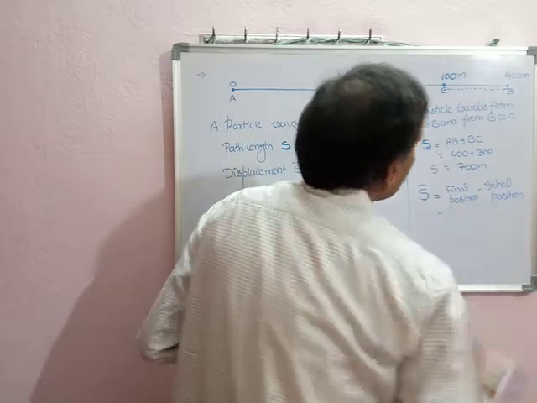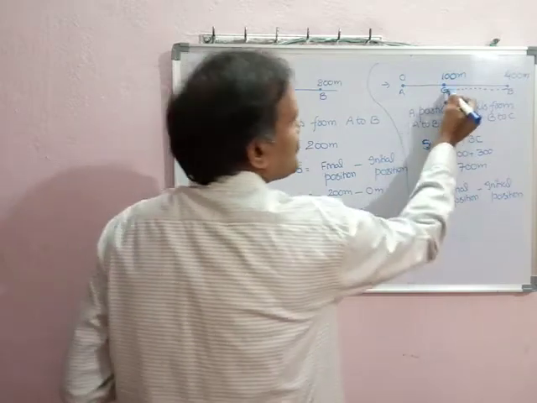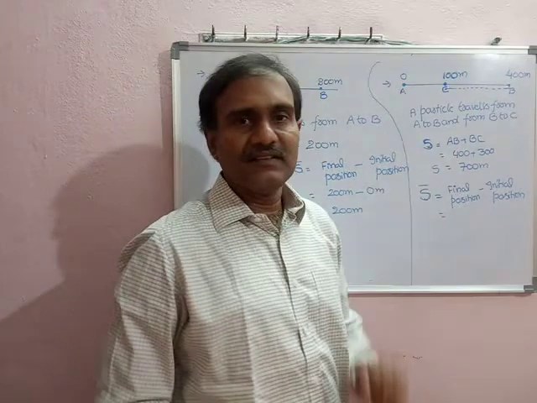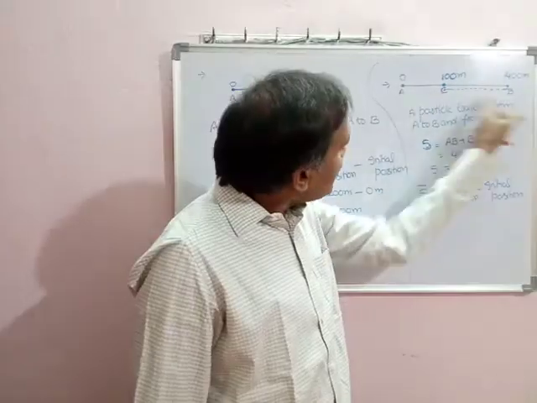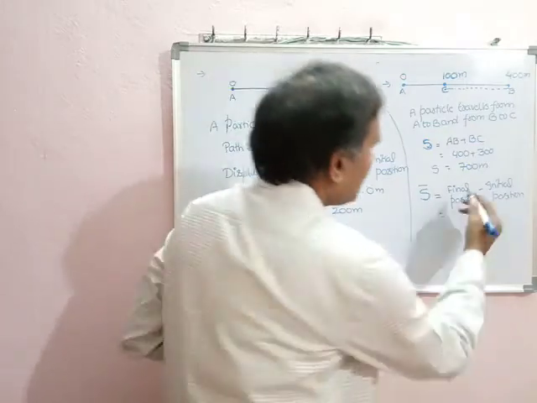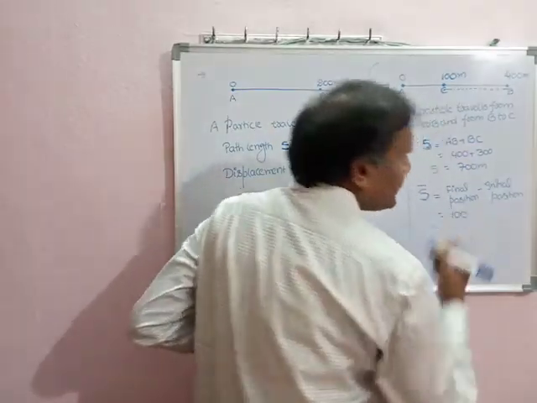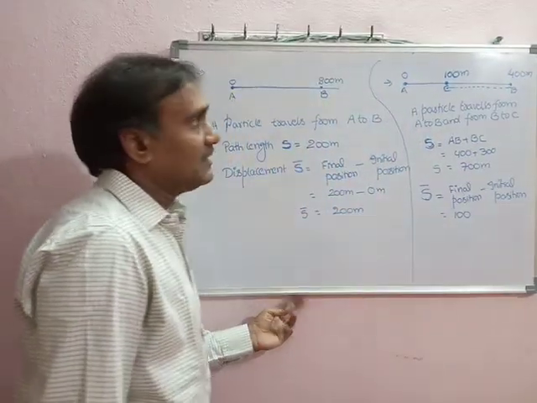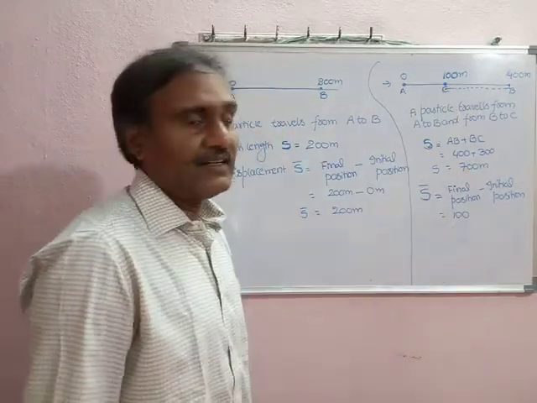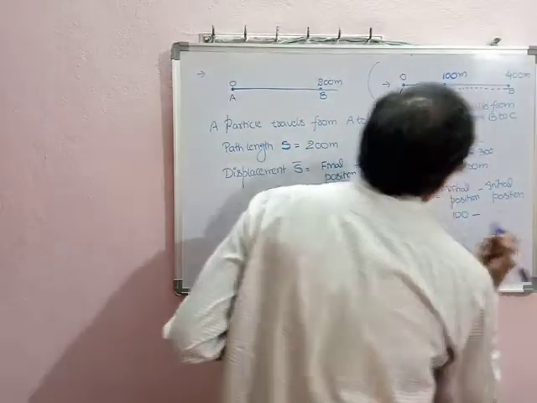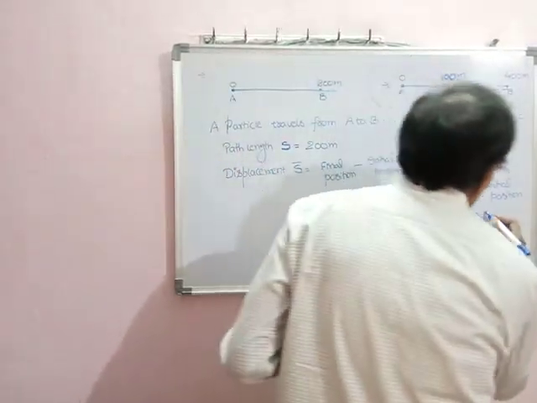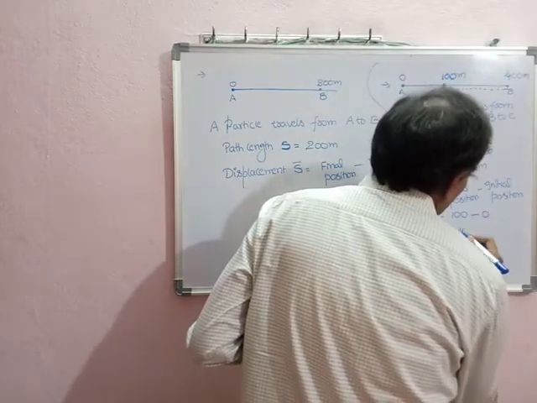For this journey, what is the final position? 100 meters. C is the final position, and its coordinate is 100, minus the initial position of the particle, 0, which is equal to 100 meters.